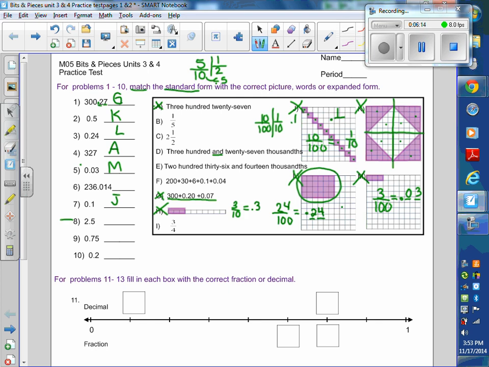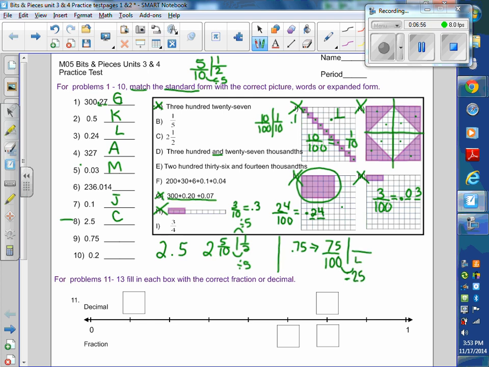So 2.5, another way to say that is 2 and 5/10. There's only one number that looks close to that. If I divide by 5, I get the half, so C is 2.5. 75 hundredths as a decimal can be written as 75 over 100. 25 goes into both of those like quarters.